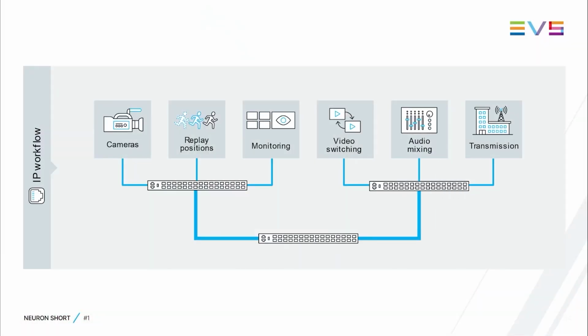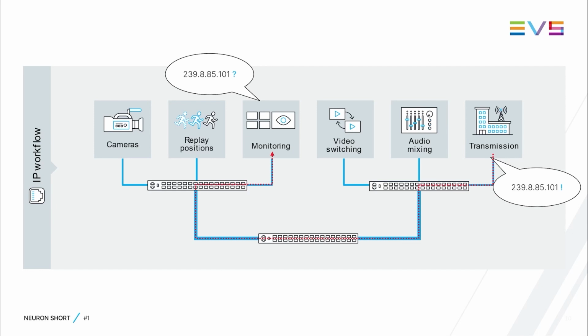Also, the more efficient ways of distributing your streams through multicasts, being able to subscribe to any stream on the network simply by connecting to a certain IP address without the need for DAs, and the possibility to have a more distributed topology drove the IP revolution in the broadcast industry to where we are now.